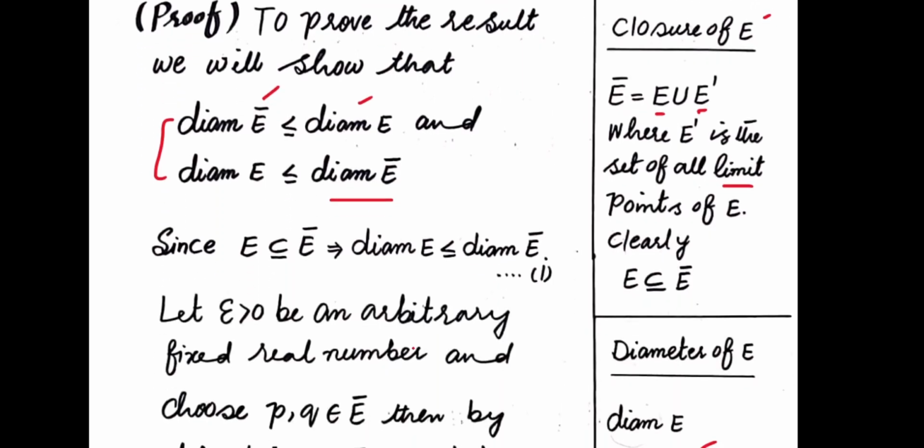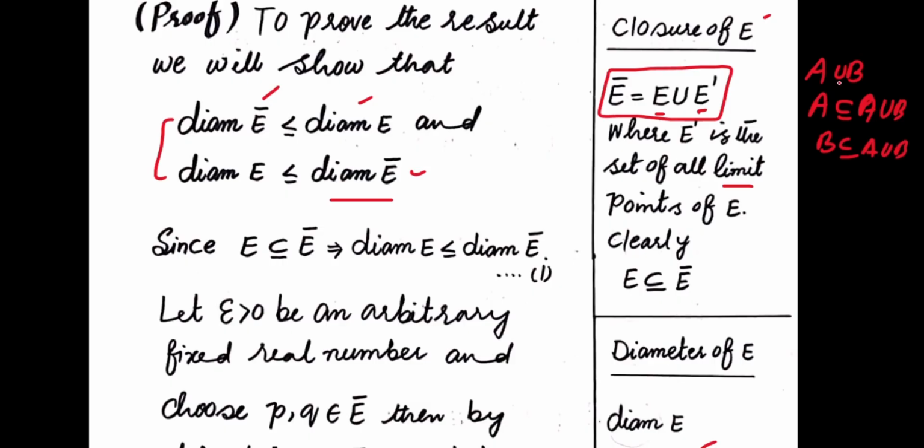So firstly, the second inequality is clear from the definition of E closure, as here E closure is the union of two sets E and E dash. By definition of union, when we find the union of A and B, then clearly A is a subset of A union B. Similarly, B is also a subset of A union B. That is, both of the sets A and B are subsets of their union.